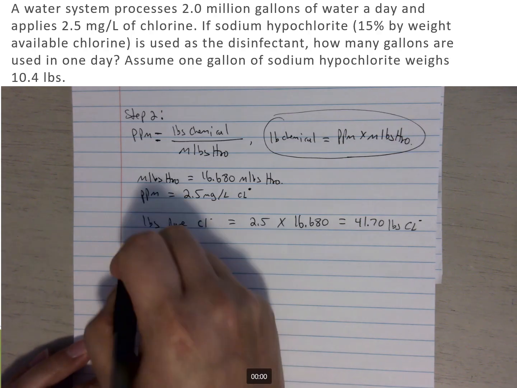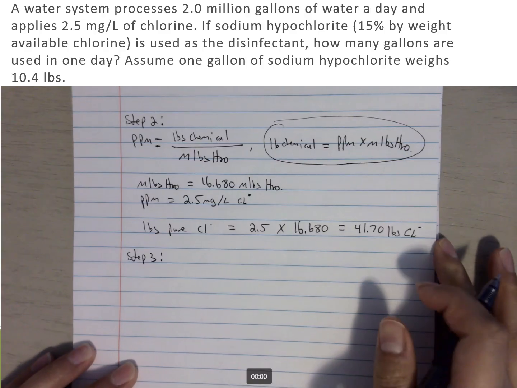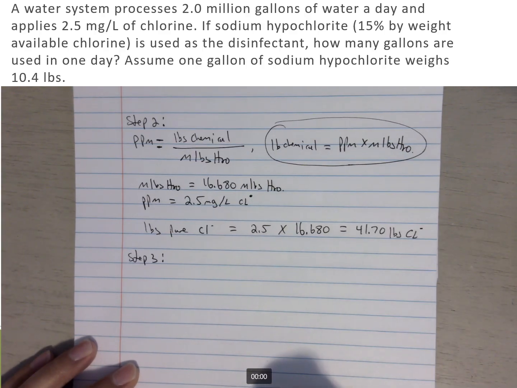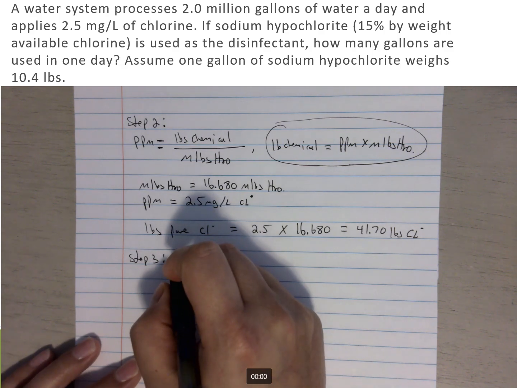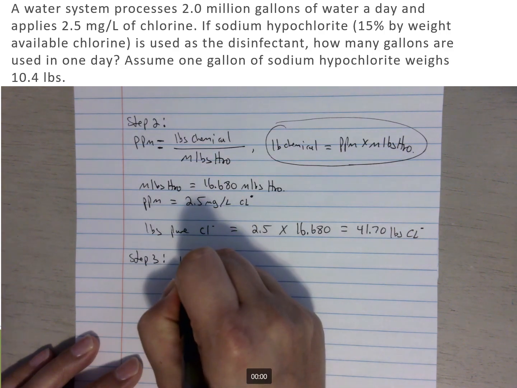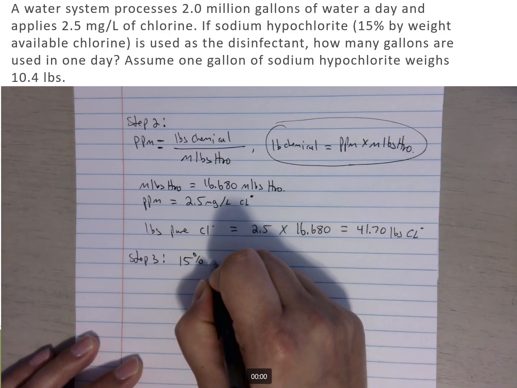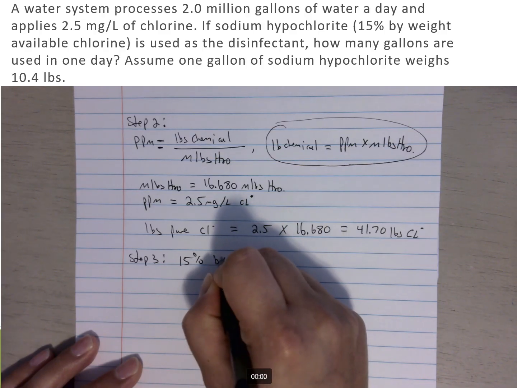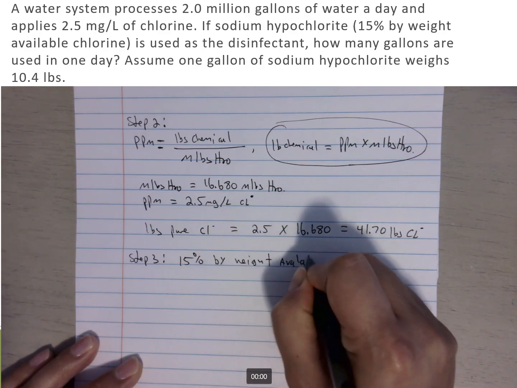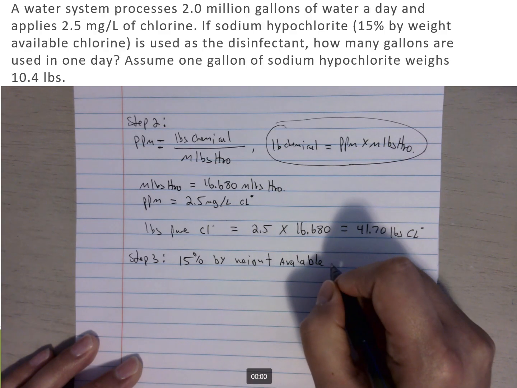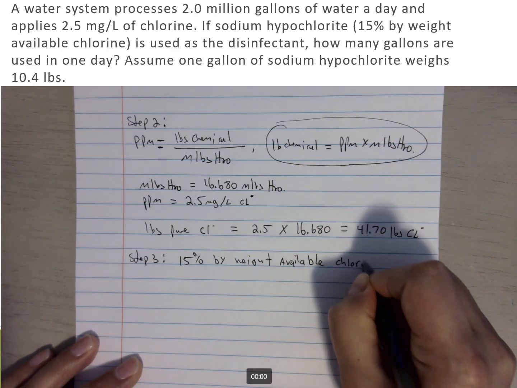So step number 3, right? In step number 3, that's where we use the percent available by weight. We know that in sodium hypochlorite, it is 15% by weight available chlorine, right?